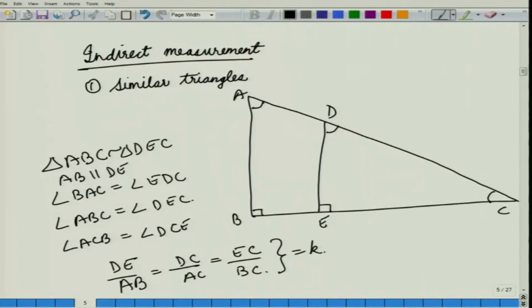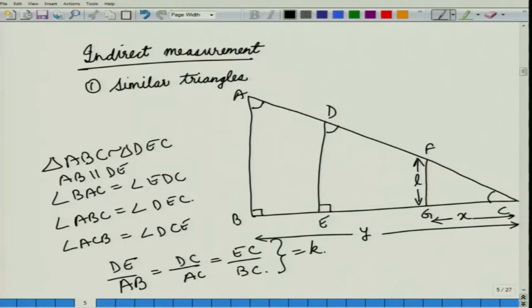So, in that case, suppose we drew a line and then we drew another triangle here, say FG, and if we were able to measure this length L, and if we were able to measure this distance x and this distance y, then we would have, because again triangle ABC is similar to triangle FGC.